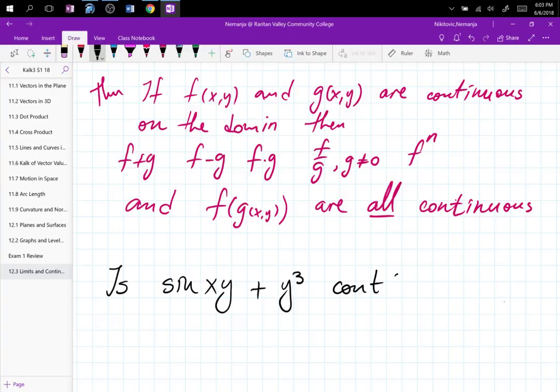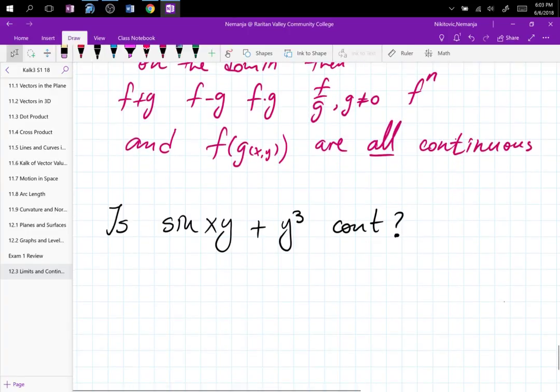Is it continuous? Right, that's the question. You answer this by writing a paragraph. You will say that since x and y are independent input variables, they're not functions. See, y is not a function. You have to start thinking about it. y is just like x. It's an input variable.